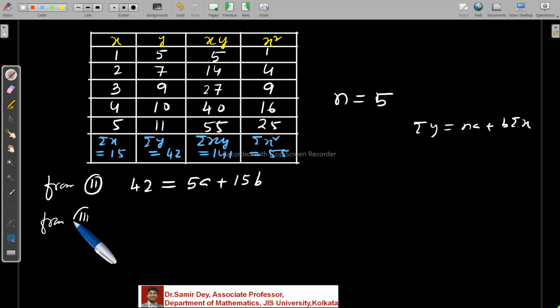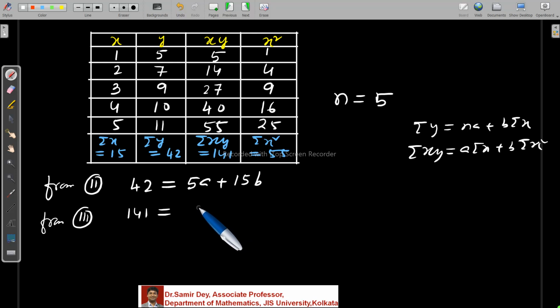From 3, what about the next equation? Summation xy = a summation x + b summation x square. So from here you may write 141 = 15a + 55b.